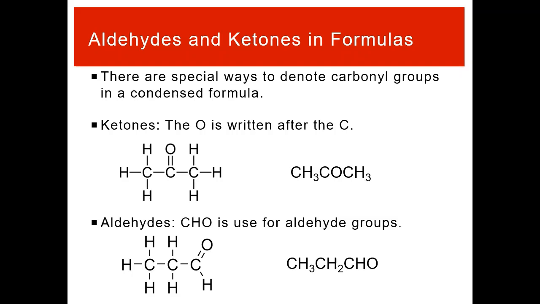When we're writing chemical or condensed structural formulas for these molecules, the carbonyl groups do need to be accounted for, and we write them in particular ways. Basically, we just write the O after the C. So for a ketone, the CH3 shows up, then the CO. We don't write the O as branching, we just write the O as next in line in the condensed formula.